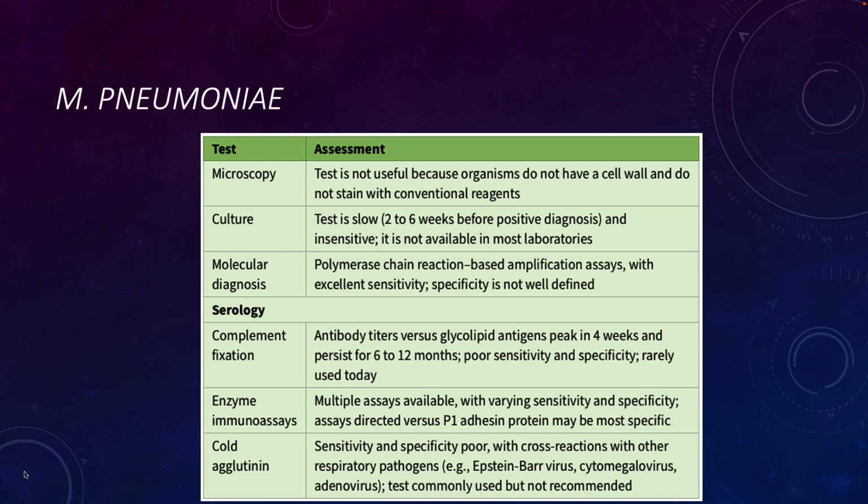PCR is very sensitive, but it's not clear whether or not it's specific. Sensitive means that it works with low concentrations, but specificity means that it's going to be diagnosing this infection in particular. You really want to have high specificity and high sensitivity. And then, of course, there are some serological assays as well.